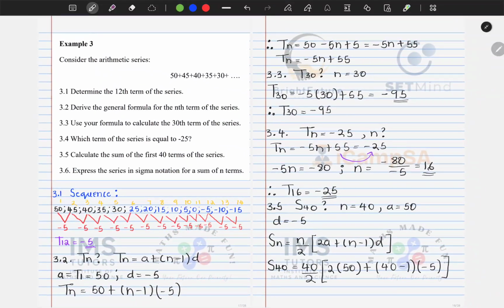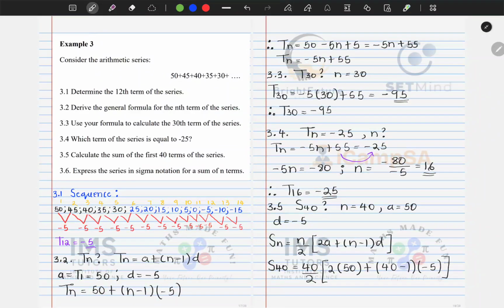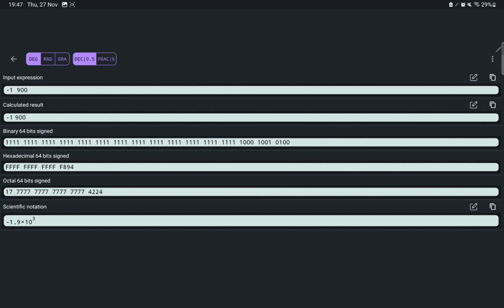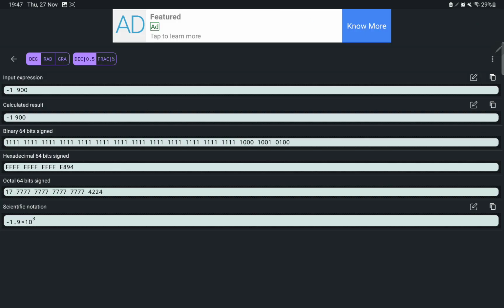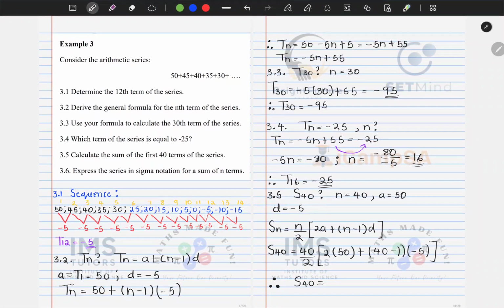I'll go to my calculator and punch this in and see what we obtain. If you look at our answer, it becomes negative 1,900. So let's put in our sum, which will be negative 1,900. That will be the sum of the first 40 terms.